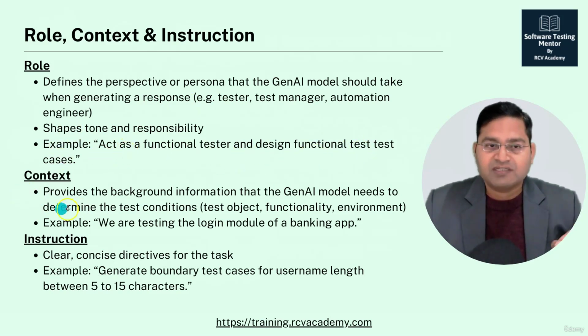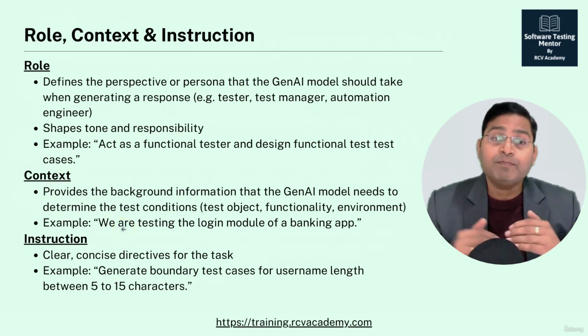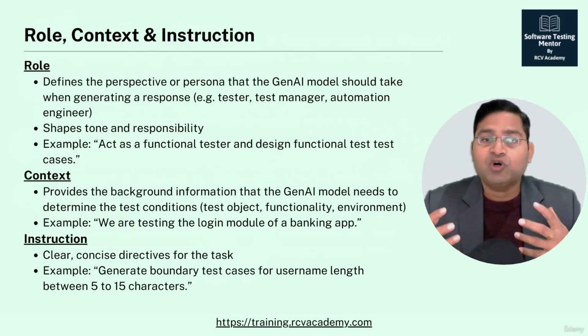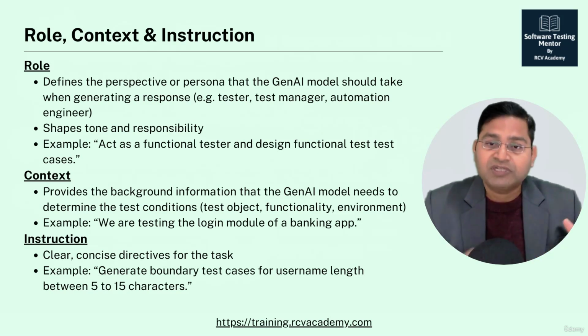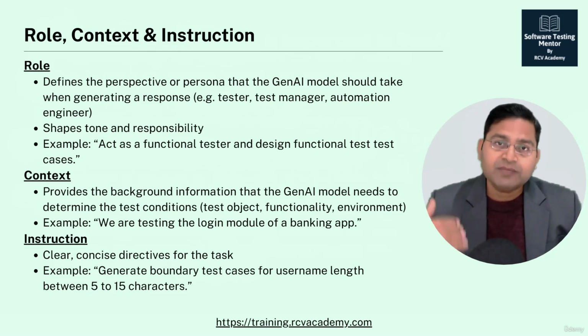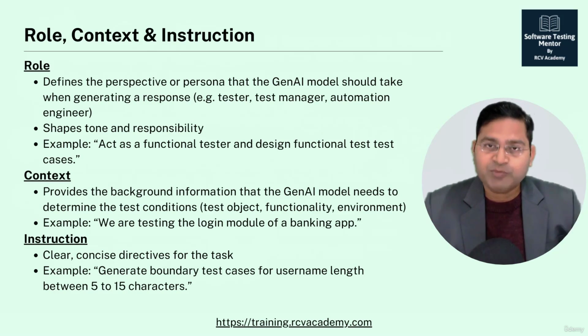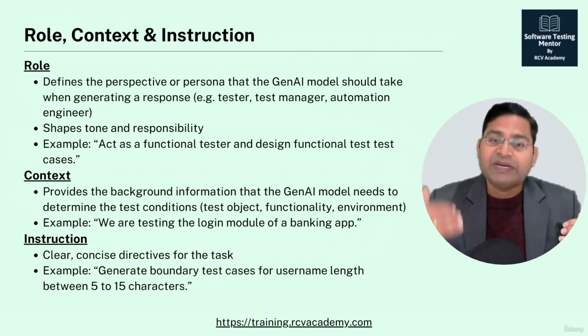Then we have the context. Context provides the background information that the Gen AI model needs to determine the test conditions. For example, you have the test object, the functionality, the environment. What background information can be provided so that Gen AI understands it and provides you a better outcome?